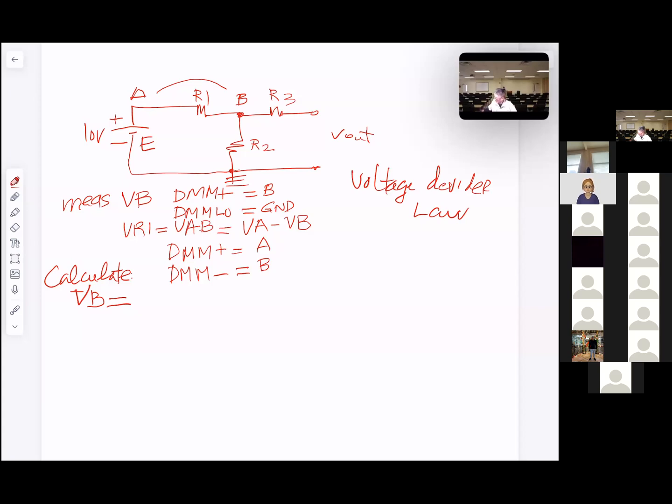So VB will be equal to E times R2 divided by R1 plus R2. That's what we call the voltage divider law.